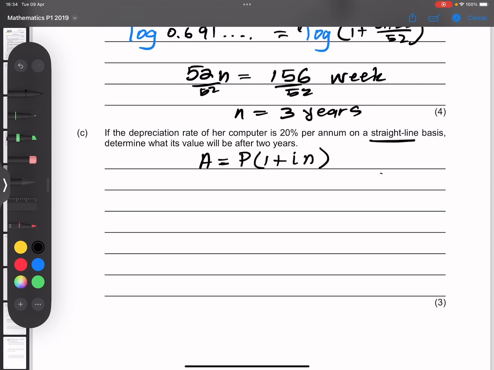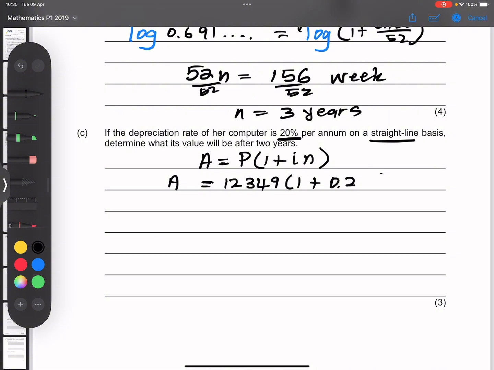The accumulated or depreciated amount is 12,349 times (1 plus, now remember, the interest component is 0.2, sorry about that, that's not the interest of the credit card, but we're given the interest per annum there.